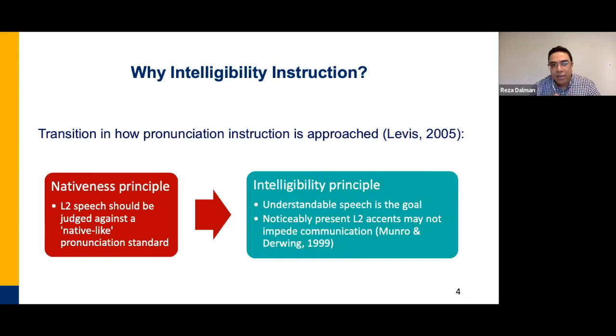Along the same line, there has been a transition in how pronunciation instruction is approached, from a nativeness principle that focused on achieving a native-like accent as the ultimate goal of pronunciation instruction to the intelligibility principle, which emphasized intelligibility and comprehensibility as the goal of instruction.